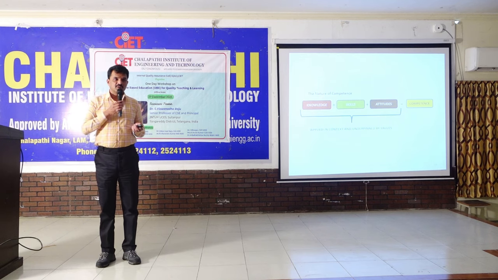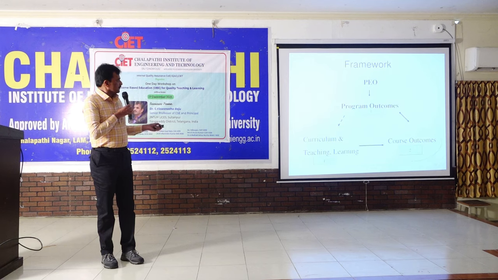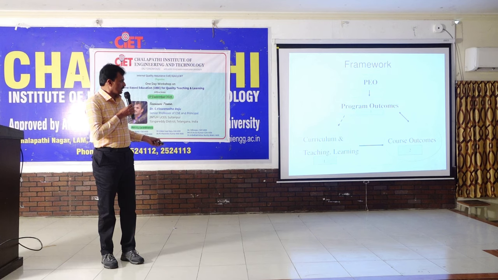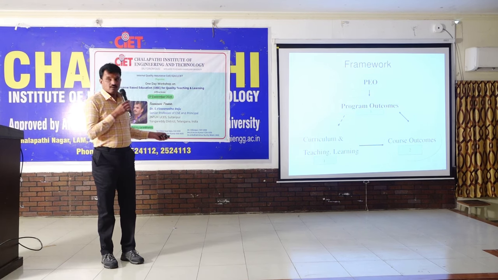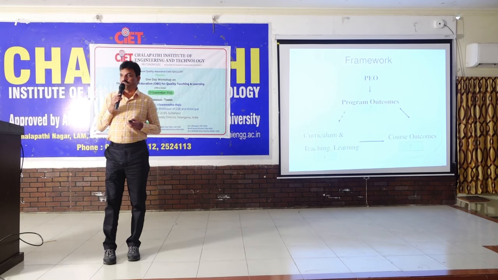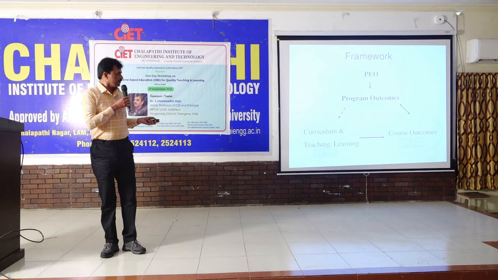You decide that with respect to the course. So, framework: when I am framing the course outcomes, I have to go through the curriculum, teaching, learning, as well as program outcomes and program specific outcomes, all most important.